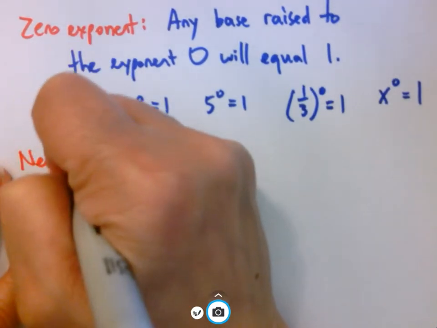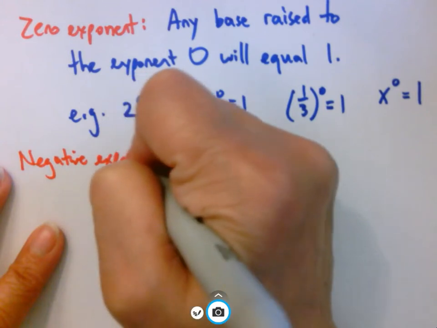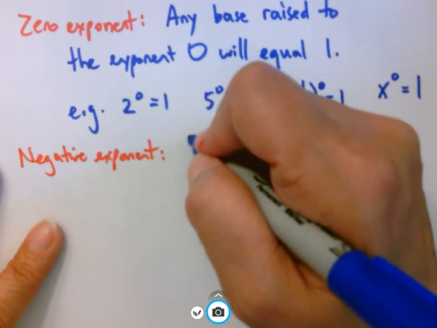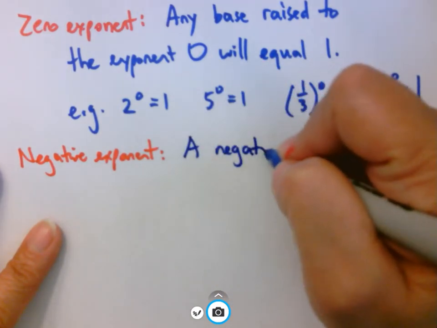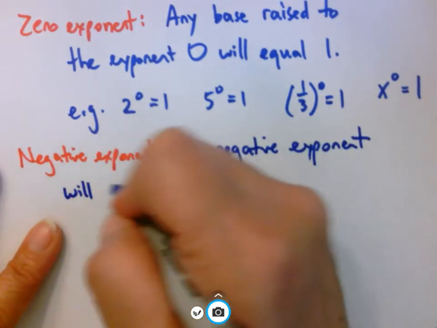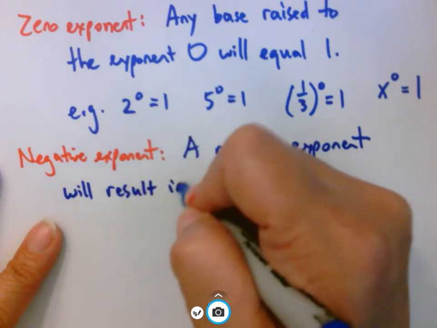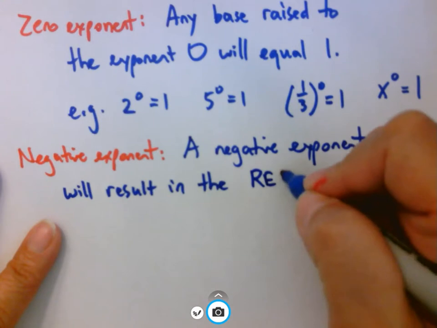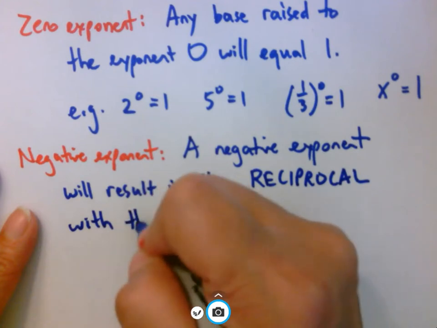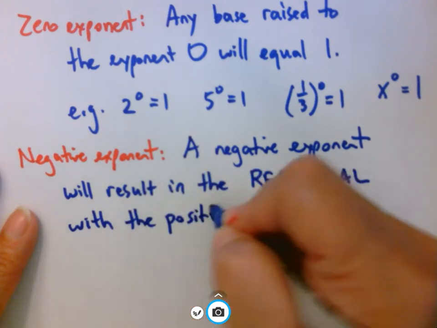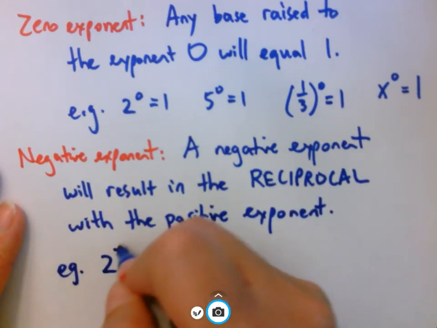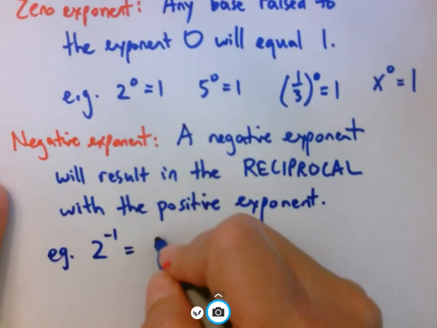And the negative exponent: a negative exponent will result in the reciprocal with the positive exponent. Watch what this is, I'm going to explain. For example, 2 to the exponent -1 is the reciprocal.